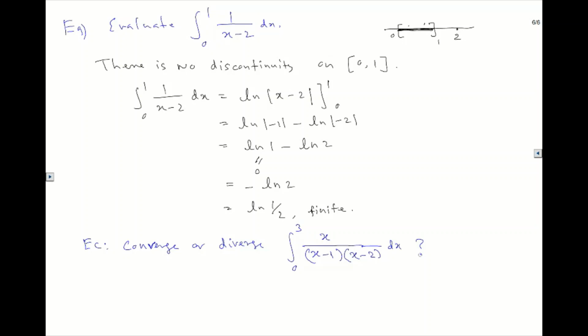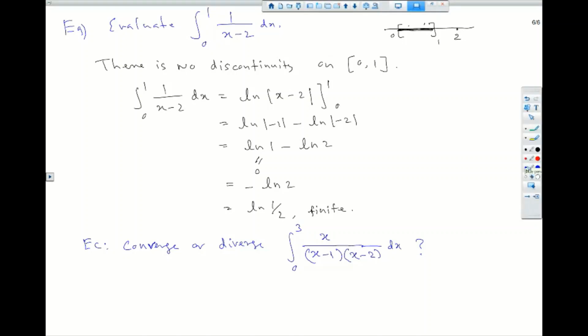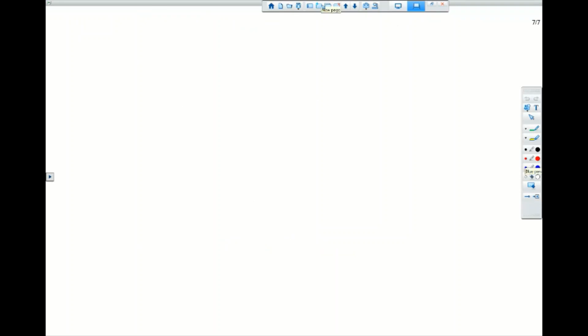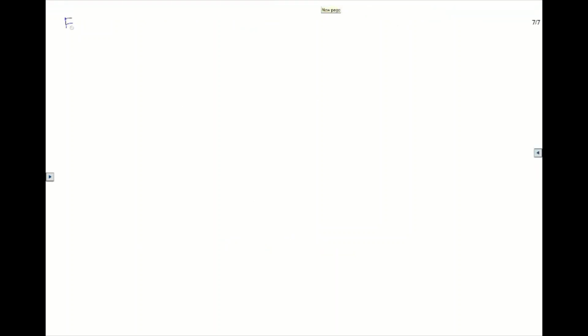Okay, so let's do one more problem of slightly different type. So this is the last example of this type. So how about this problem? Example, evaluate. So let's do the integral from 0 to 3 of dx over (x minus 1)^(2/3).